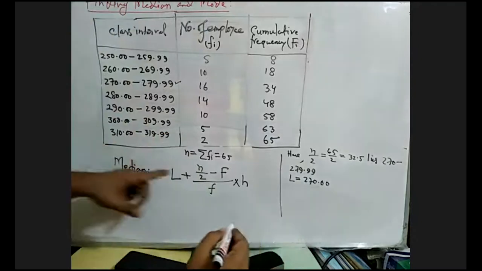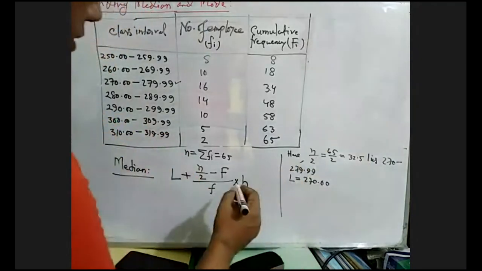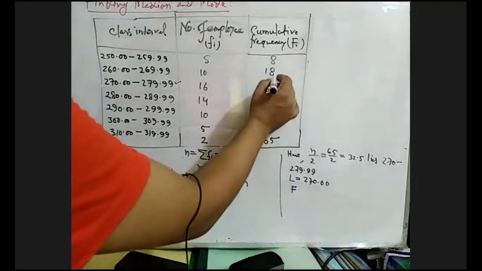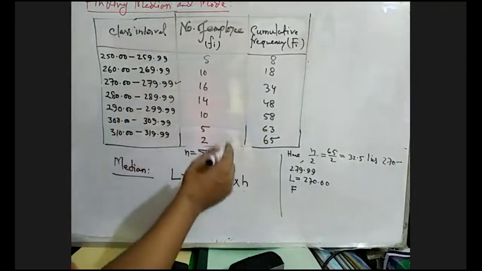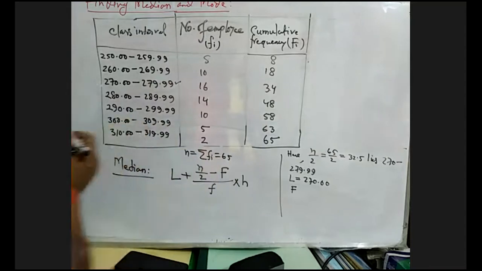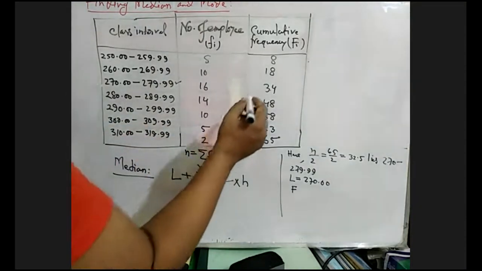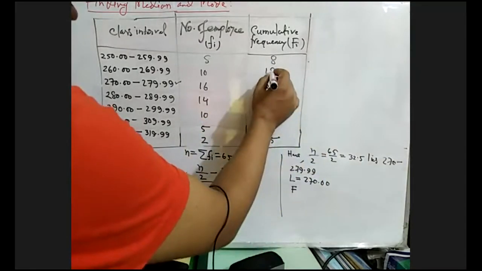270.00. And n by 2 this, and capital F, cumulative frequency of the previous class interval, the pre-median class. Okay, what will be? 18.